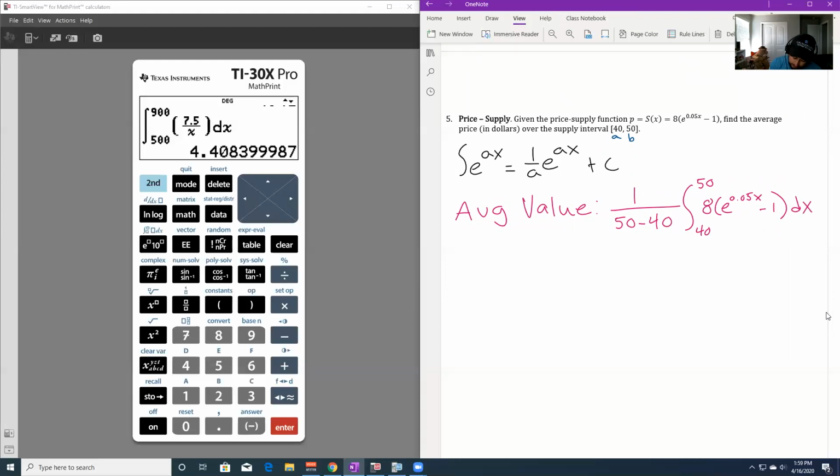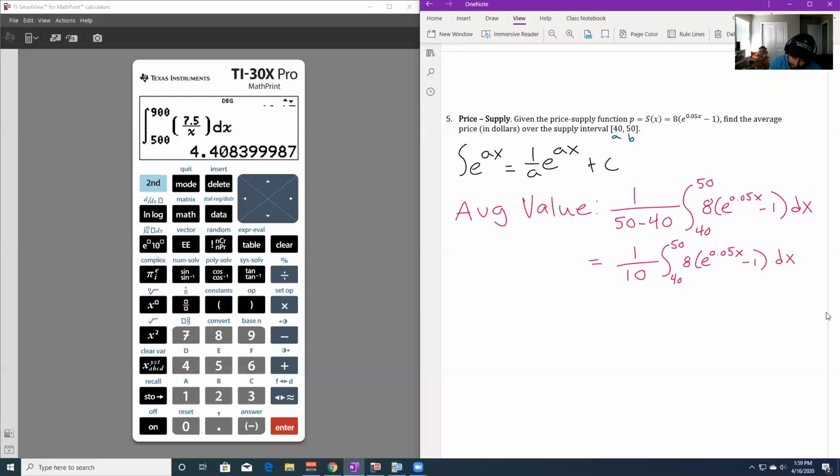So this becomes 1 over 10 times the integral from 40 to 50 of 8 times e to the 0.05x minus 1 dx. Okay, the next thing I'm going to do here is I'm going to pull that 8 out. I do not need that 8 in there.